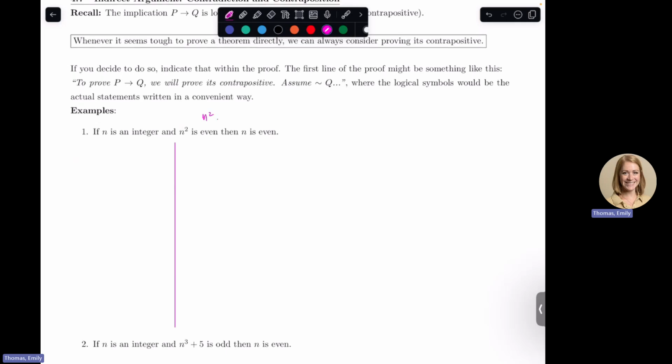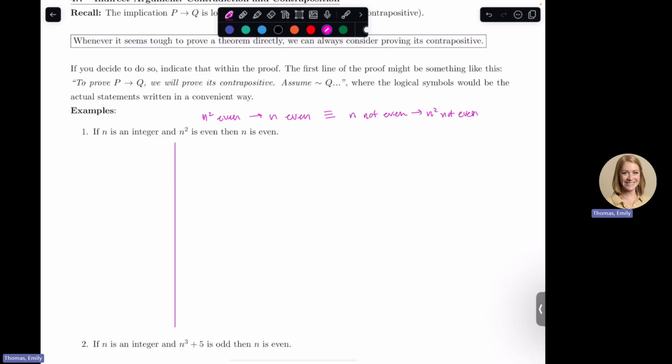So this is n squared even implies n is even. This would be equivalent to saying n not even, or n odd, implies that n squared is not even, or is odd.